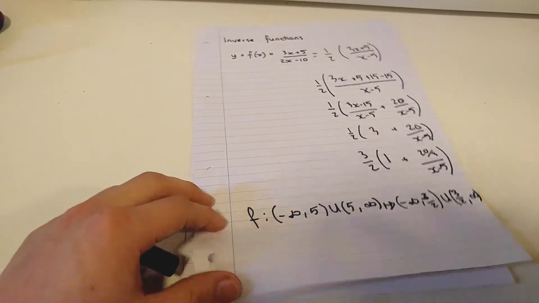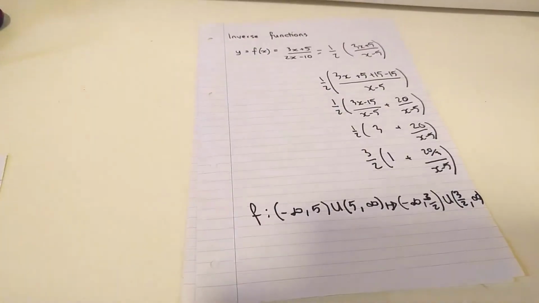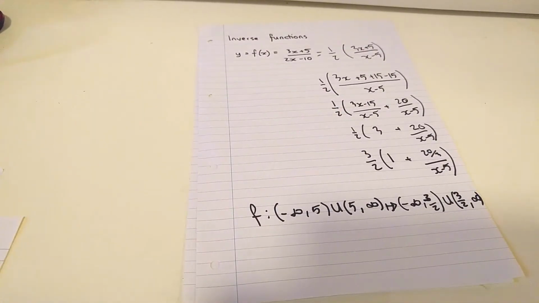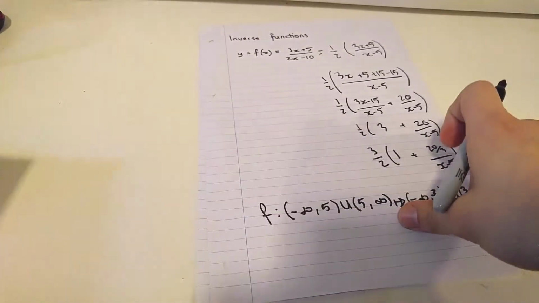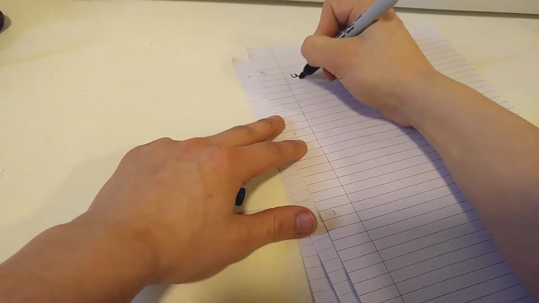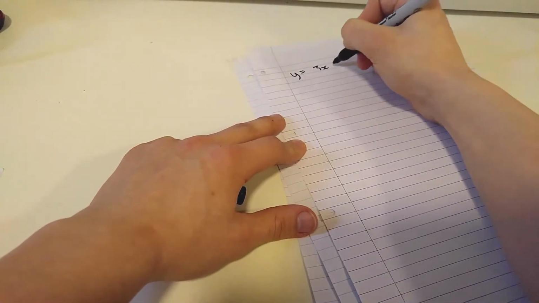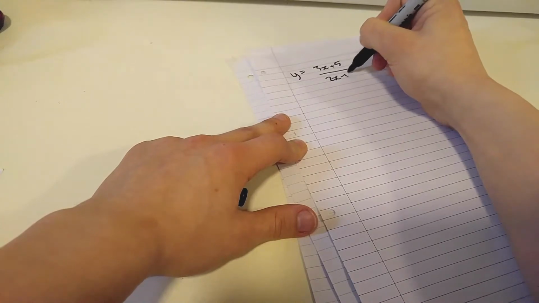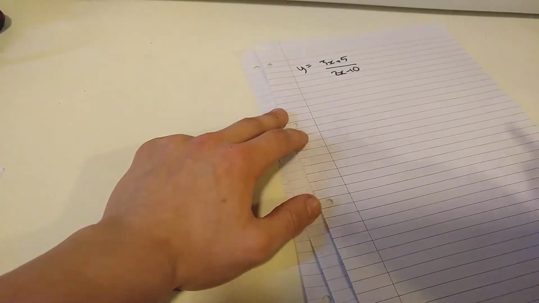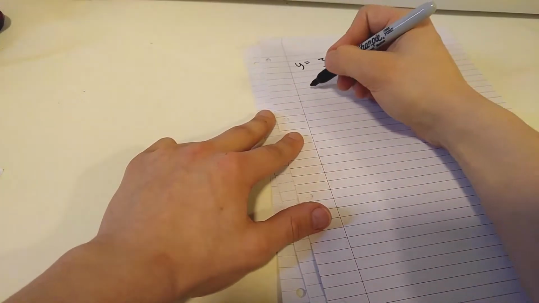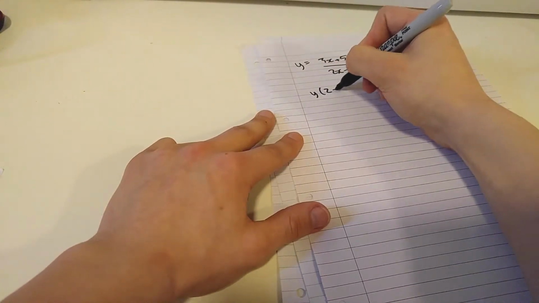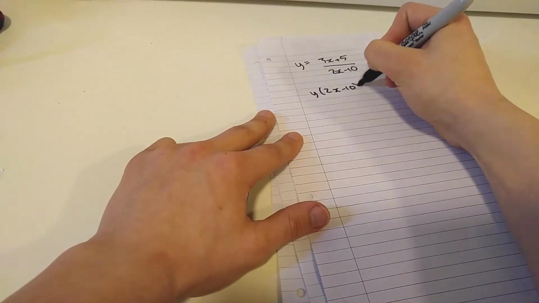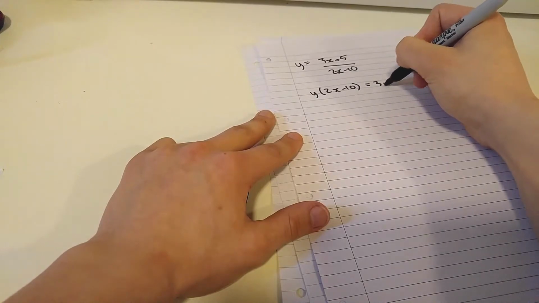Now, to actually find the inverse of a function, what we need to do is look at the original equation. So we look at y equals 3x plus 5 over 2x minus 10, and we rearrange it in such a way that we get x on its own. So we start off by doing y times 2x minus 10 is equal to 3x plus 5.